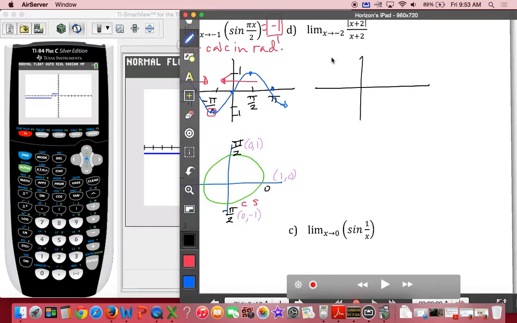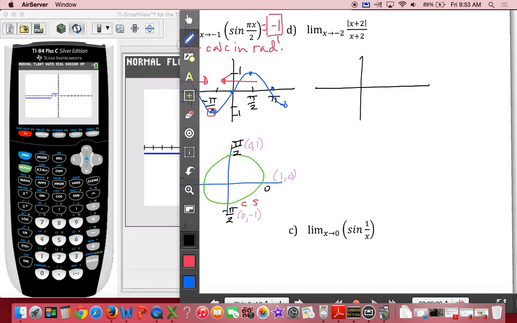So there should be a vertical asymptote going through there, and so you're going to create one. So at -2, I have an open circle here, and my graph is going to the right. And at -2, I have an open circle down here and an arrow going to the left.